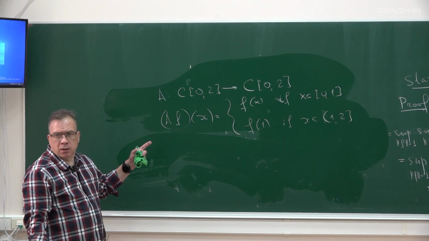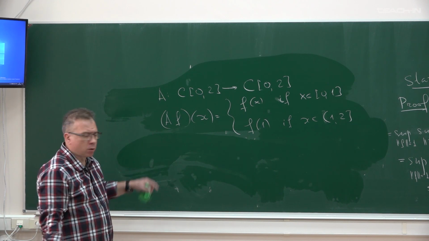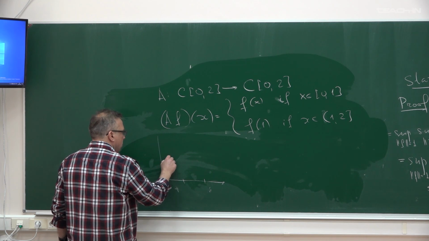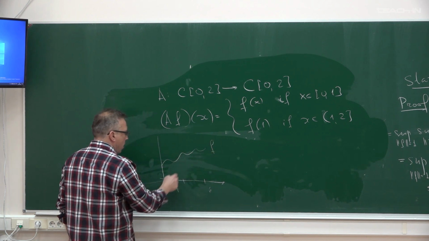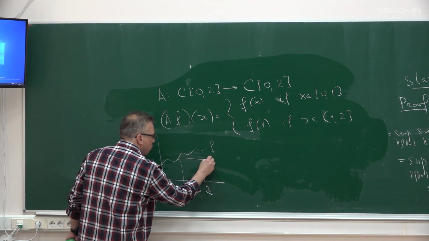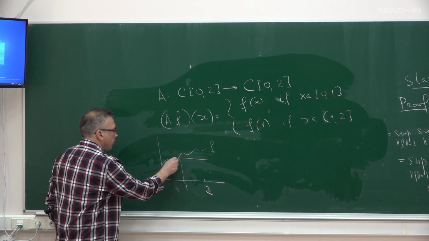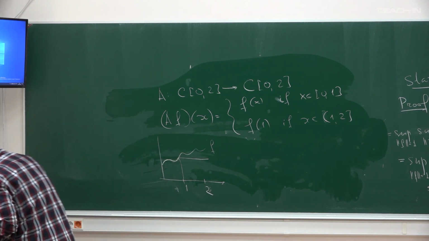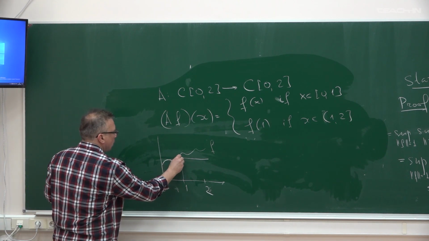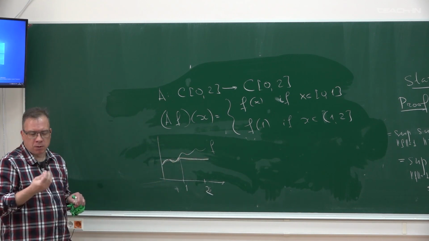So it is clear that the image of the operator is a continuous function. Here is a picture: take some function f, this is 1, this is 2, and our operator changes it to this function, in another color.